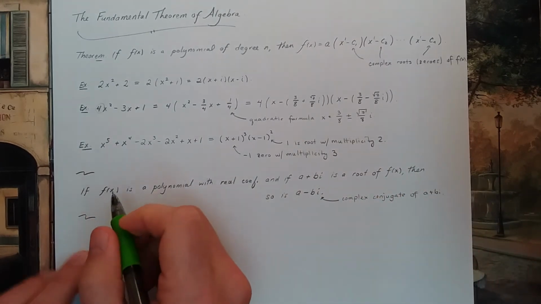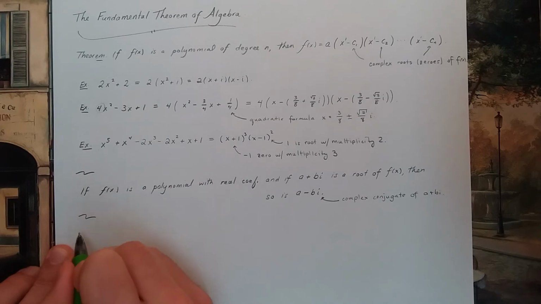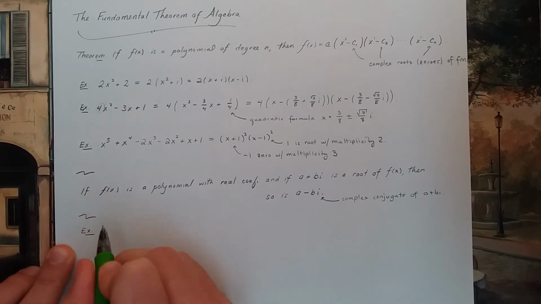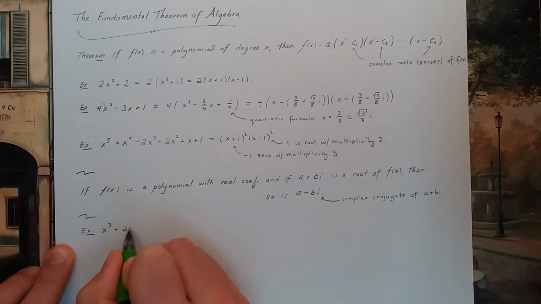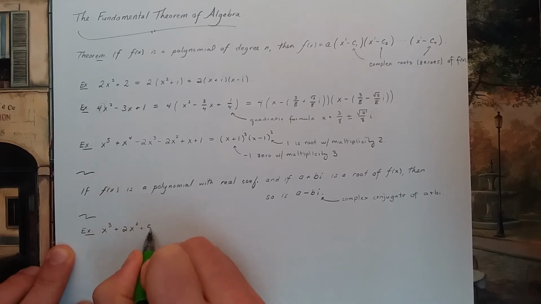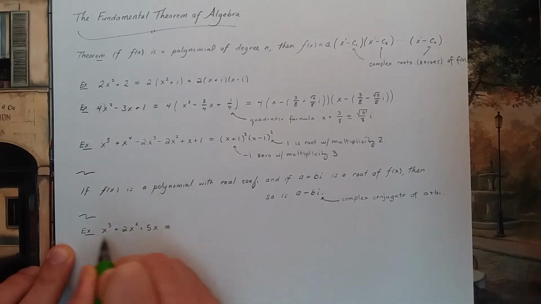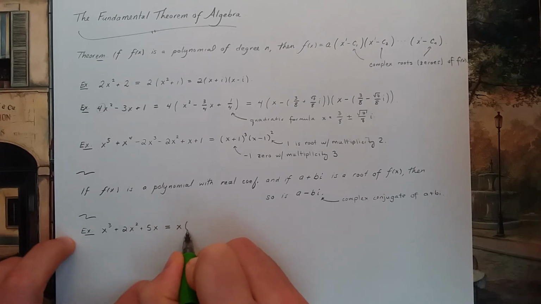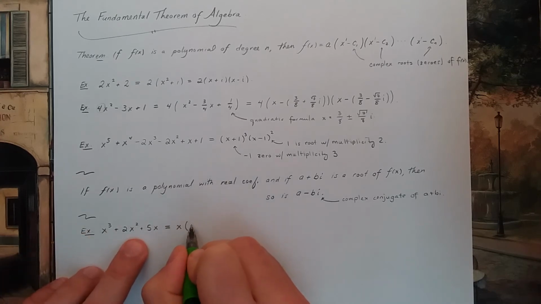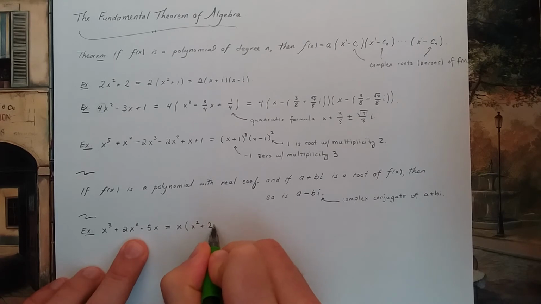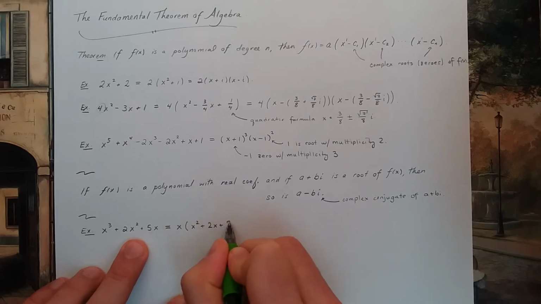Let's do an example. So, for example, if I have x to the third plus 2x squared plus 5x, I can factor out an x, so I get x times x squared plus 2x plus 5.